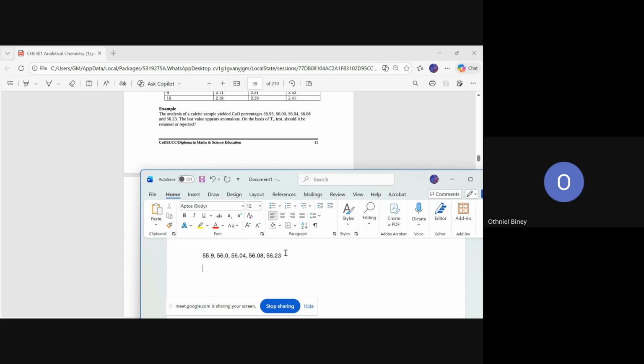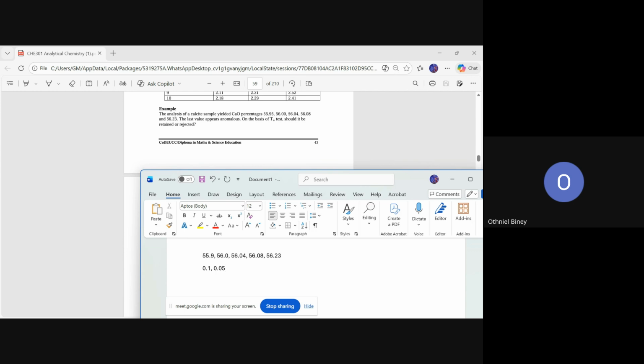So in order to determine which value shouldn't be accepted, you can choose to find the differences between the numbers. First find the difference between 55.9 and 56, which is 0.1. Then the difference between 56.04 and 56 is 0.04.